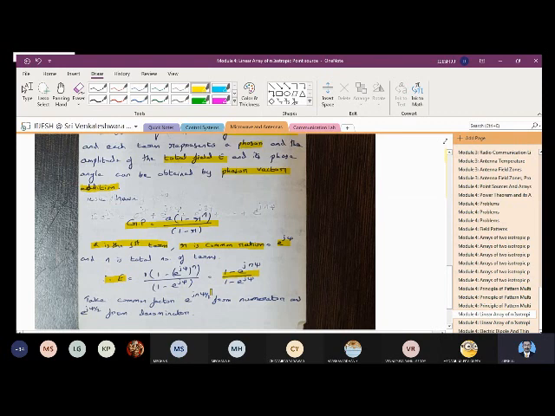So what I am going to do here is take the common terms: e to the power of j n psi by 2 from the numerator and e to the power of j psi by 2 from the denominator.